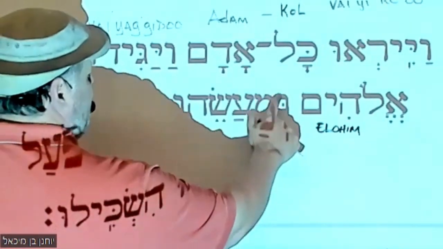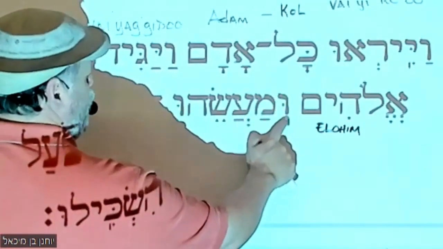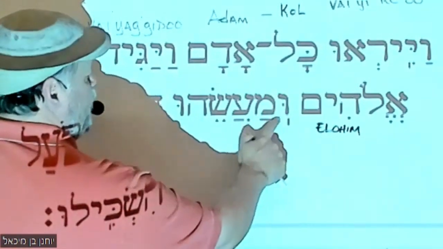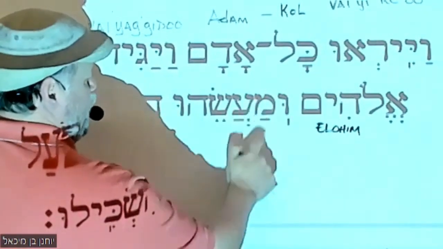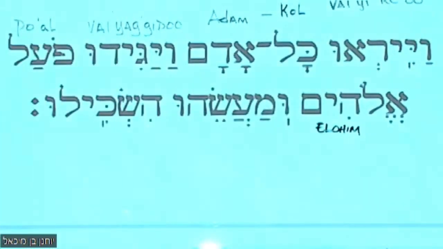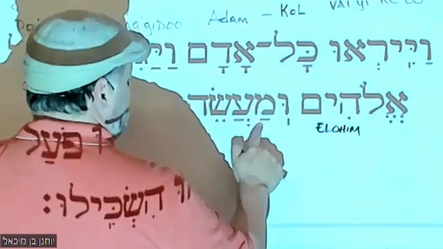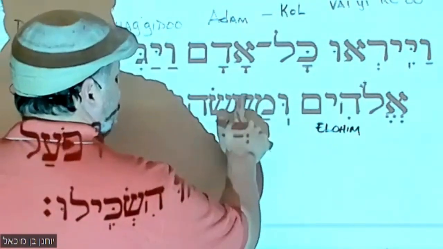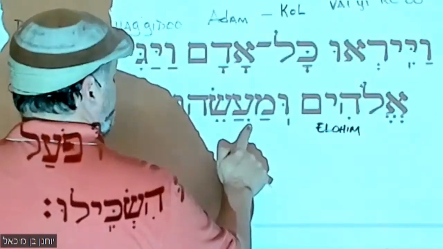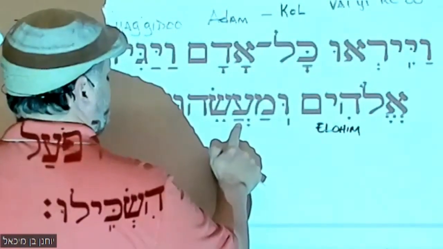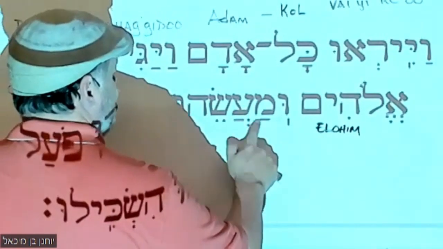All right, so we have a vav pointed shuruk, right? Oo. We can say oo because our next letter is mem. Remember, when we have a vav at the beginning, if it's pointed shuruk, it can say oo if it's followed by a mem or a lamed or a beit. There's several letters, right? So in this case, we're being followed by a mem. So we have oo, then mem pointed patah, ma. Then we have ayin pointed how? Chatef patah. So shortened or reduced a, right?